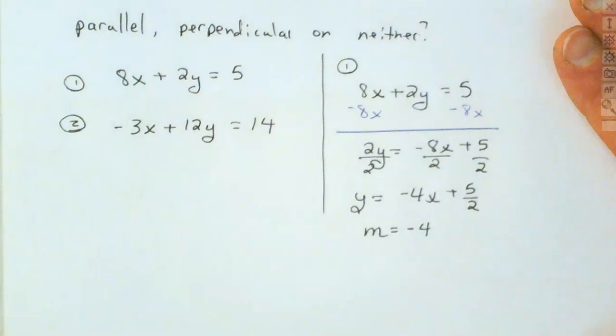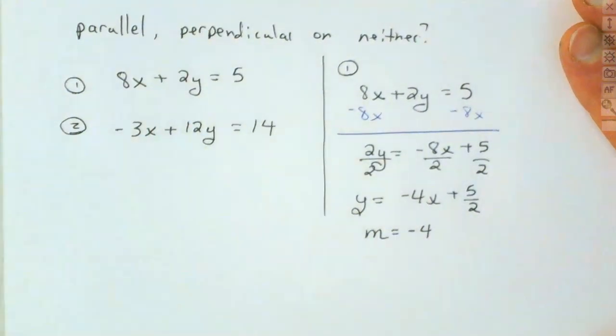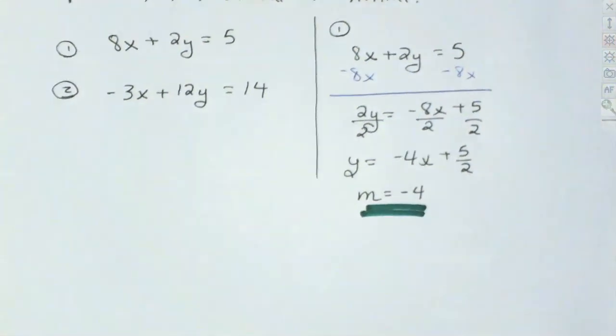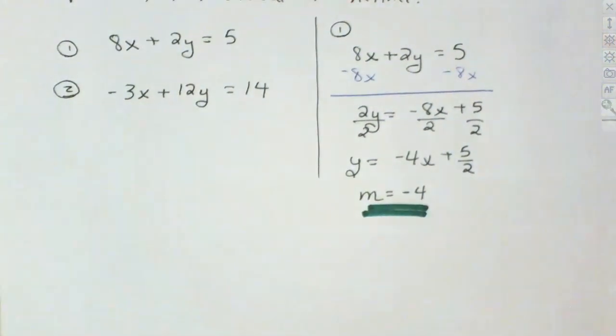Negative 4, isn't it? Okay, so there's my m there. Now remember, what are perpendicular lines? Perpendicular lines have a negative reciprocal or opposite reciprocal slope. So switch the signs, flip the fraction over. And if they do that, then they're perpendicular.